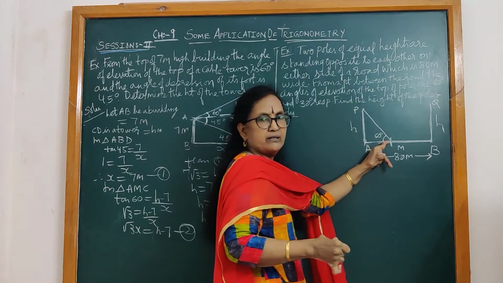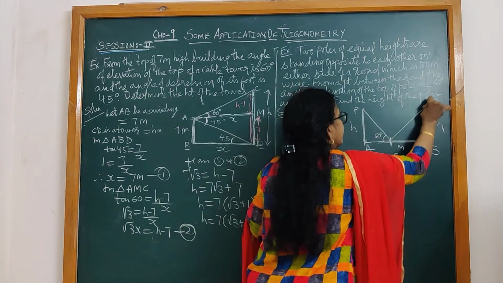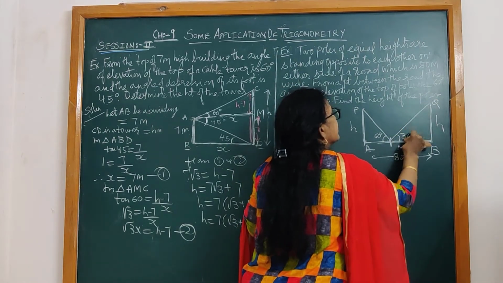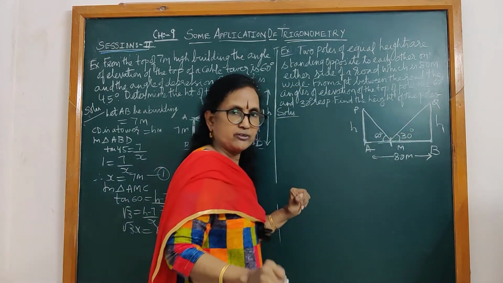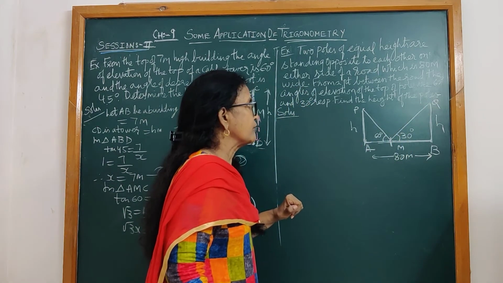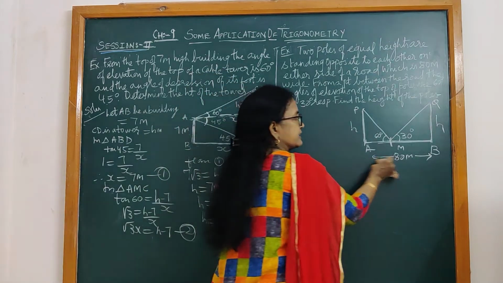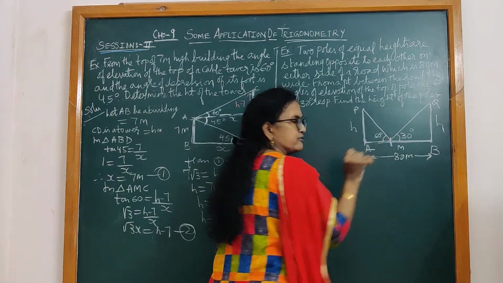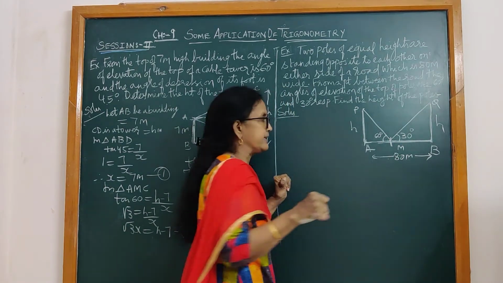Now from here, you are again looking at that pole, the angle of elevation is 30 degree, from bottom to the top. So we got two triangles. Now, I cannot take 40, 40, it's wrong, because it is not a midpoint. It is lying in between.